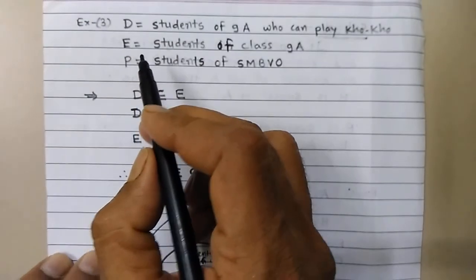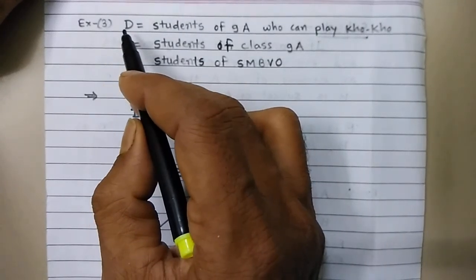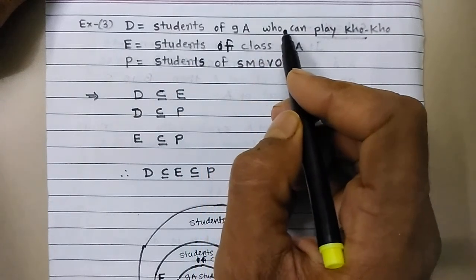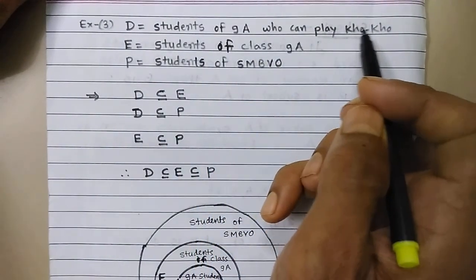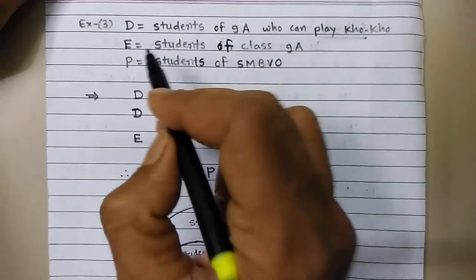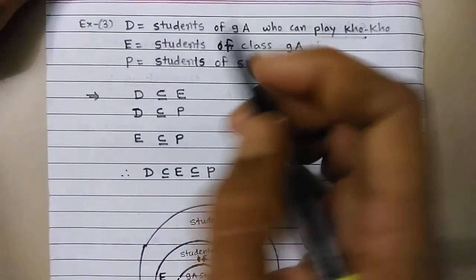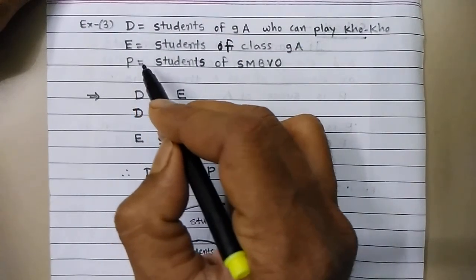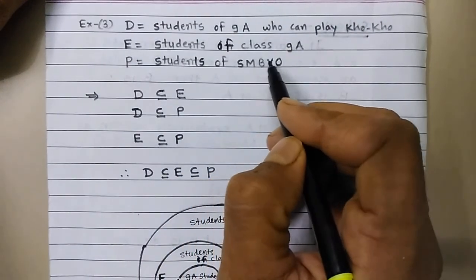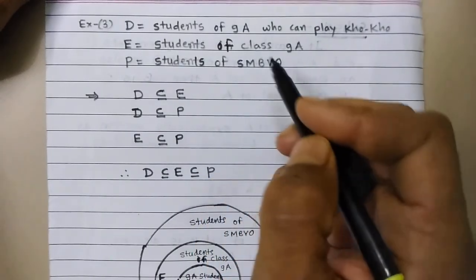Now we learn by example third. D is the set of students of 9th A who can play Kho-Kho. That means it is a Kho-Kho team from 9th A. E is the set of students of class 9th A. And P is the set of students of Sri Mahatma Bashveshwar Vidyalaya Umarga, that means SMBVO.